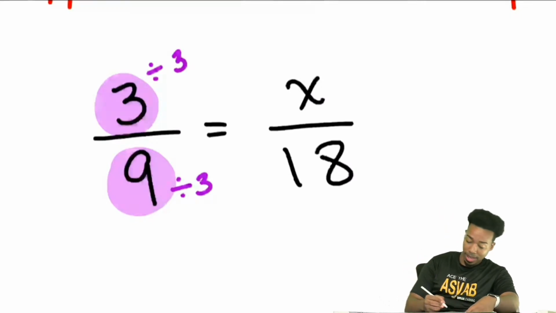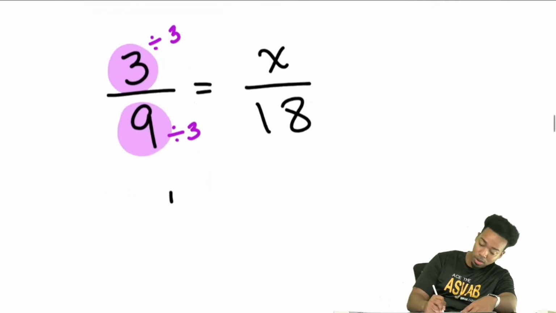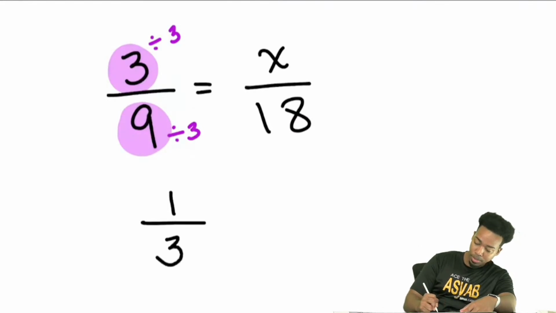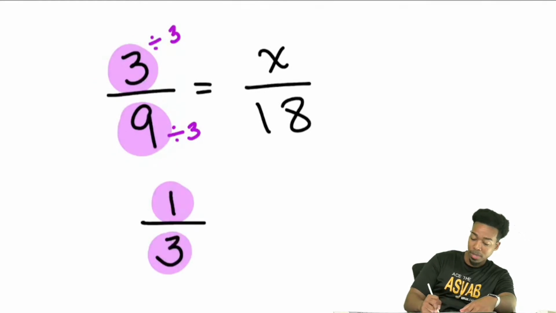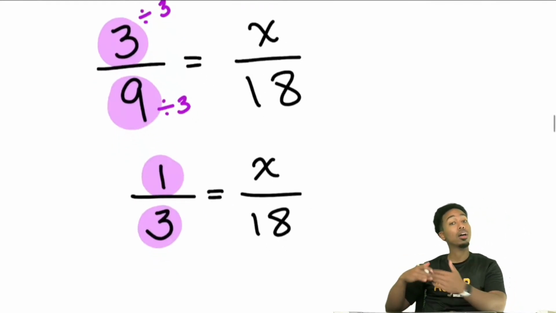3 over 9, hey, that simplifies to 1 over 3, because 3 divided by 3 is 1, and 9 divided by 3 is 3. So now you have yourself a proportion that can be solved a little faster.